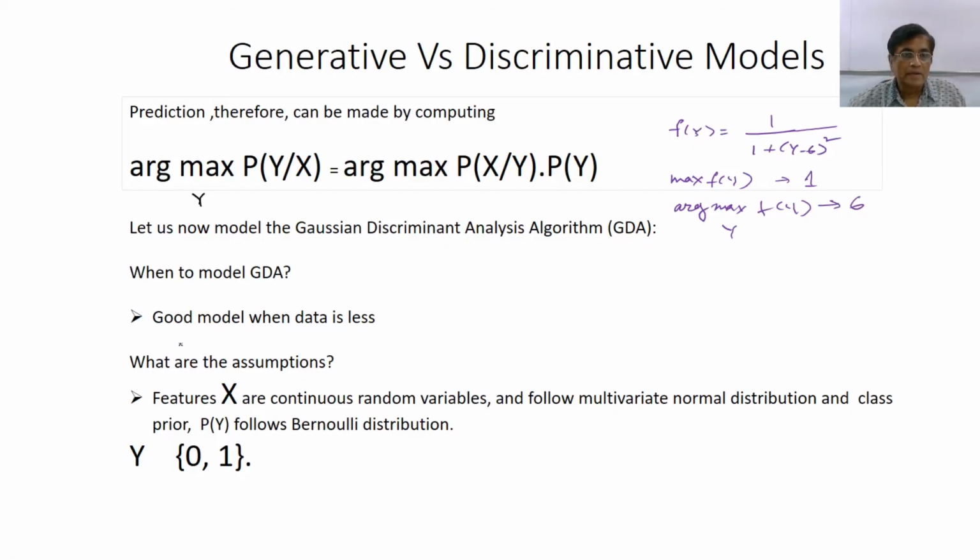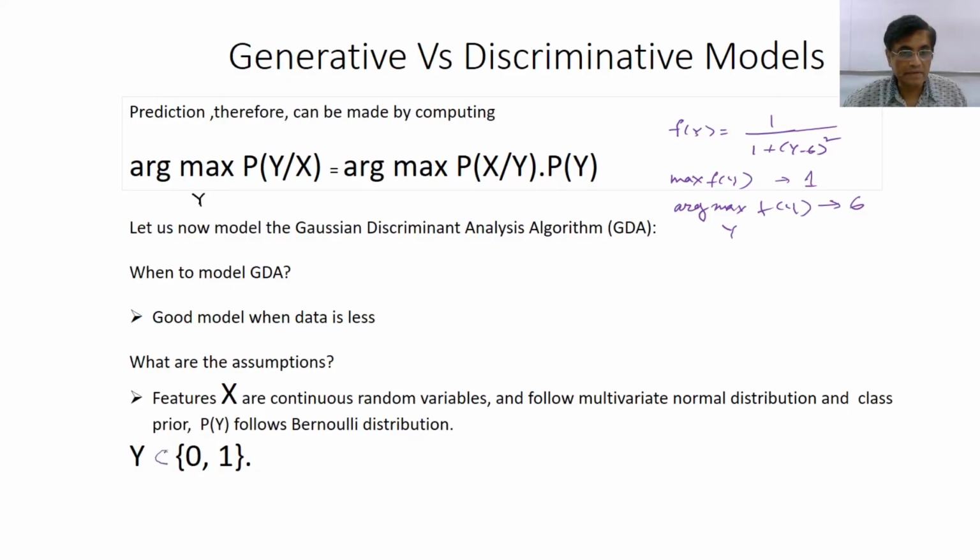This GDA is developed when you have less data, and your assumption is very valid on the ground truth of the data, that is, features are continuous random variables and they follow a multivariate normal distribution, and the class prior follows a Bernoulli distribution. Class prior y belongs to two classes.